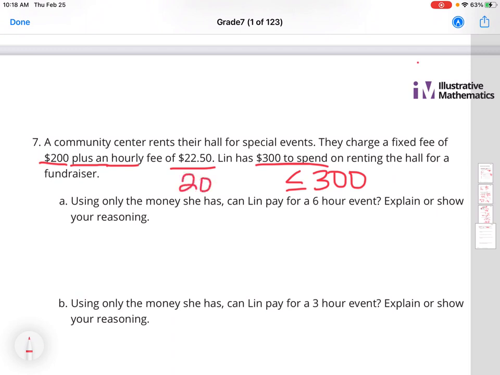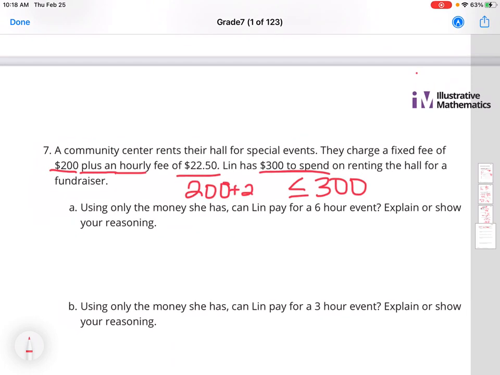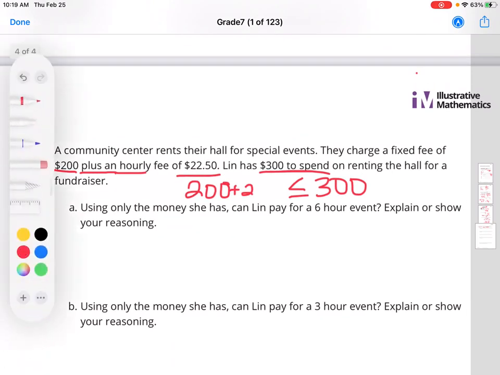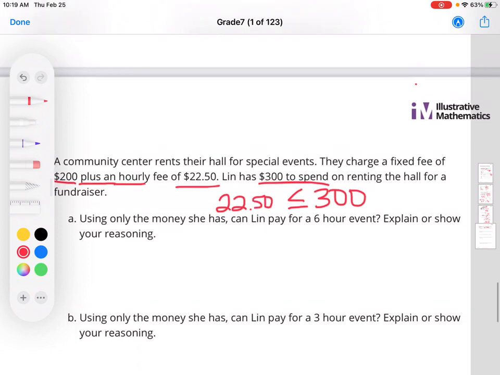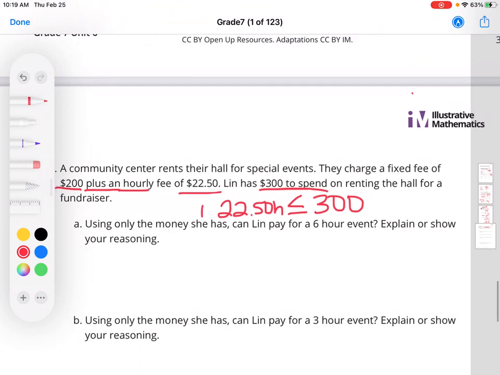So we'll do $22.50 per hour plus the $200 fee that she has to pay. And it wants to know if she can pay for a 6-hour event. Well, without solving the inequality, I know that after she pays the $200 fee, she only has $100 that she can spend.